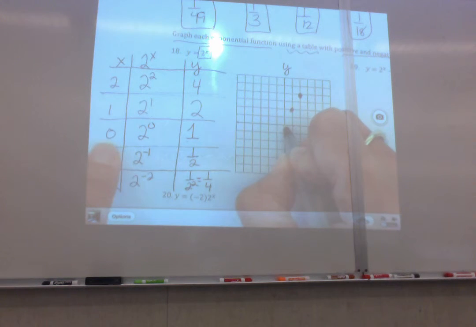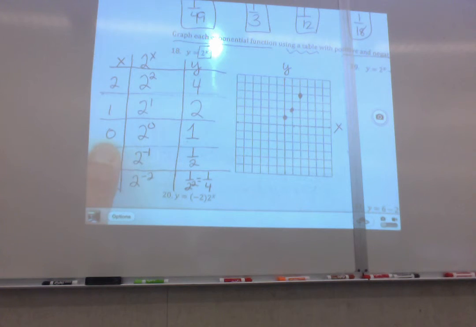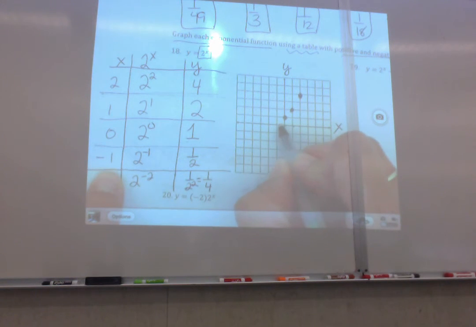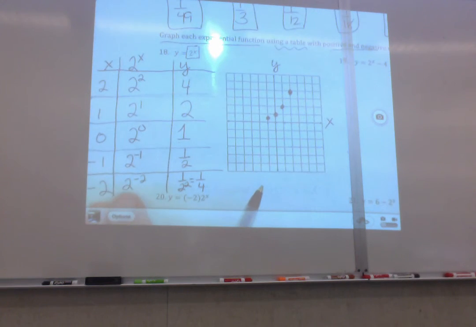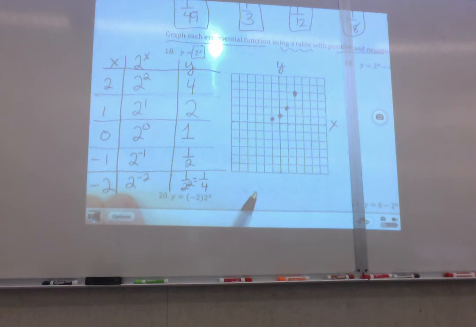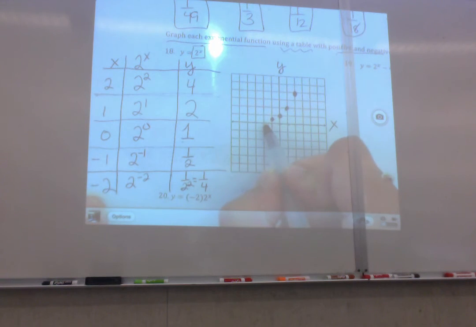Here's 0 for x, 1 for y. That's the y-intercept. Then, when x is negative 1, y is 1/2. Here's negative 1 on the x. 1/2 will be halfway up, or between two boxes. And then, when x is negative 2, that's right here, y is 1/4.